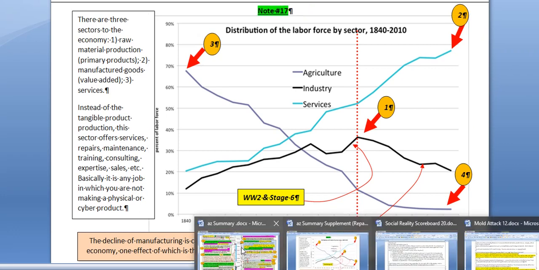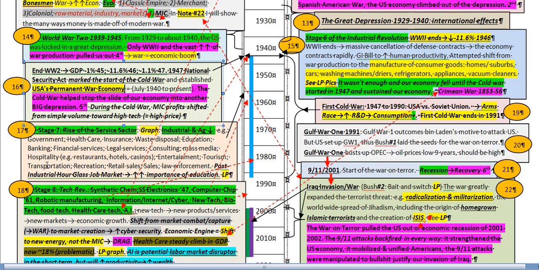All right. So some examples include government, healthcare, insurance, waste disposal, education, banking, financial services, legal services, consulting, mass media, hospitality, you know, restaurants, hotels, casinos, entertainment, live shows or music or movies or whatever, games, tourism, transportation, recreation, retail sales, any sales, law enforcement.